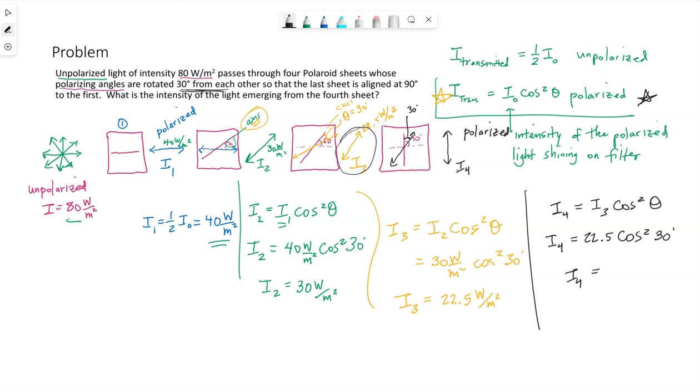We've got 16.875. With roughly 2 sig figs, we end up with approximately 17 watts per meter squared that makes it through.